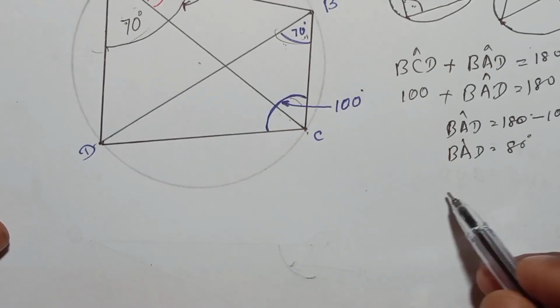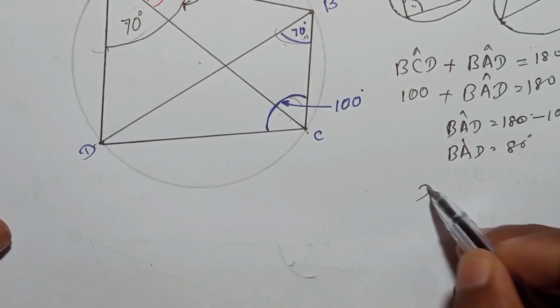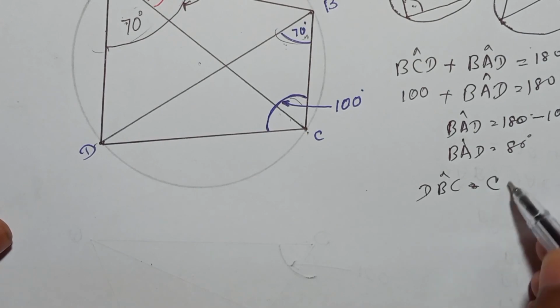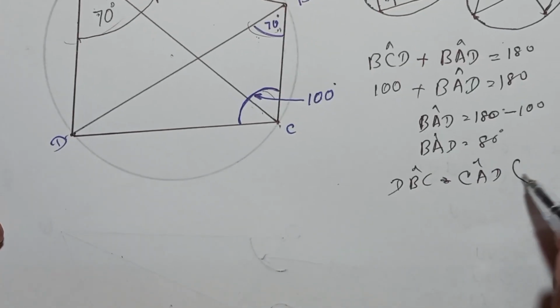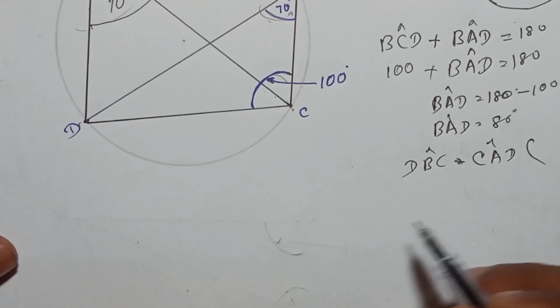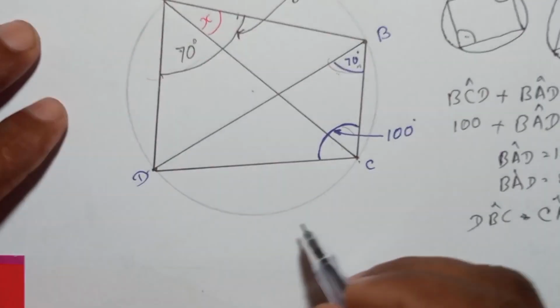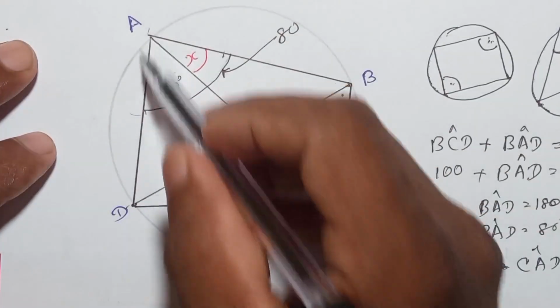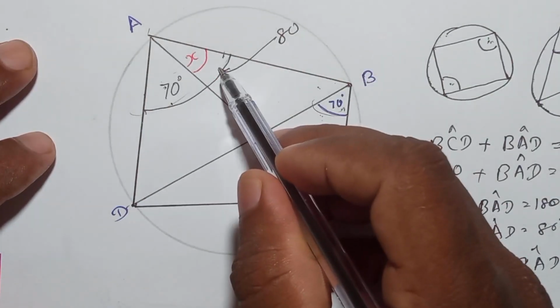Then, if you need to write the reason, you can write DBC equal to CAD. The reason: same segment angle. That means this is 70. Then, this BAD, this angle plus this angle: BAC, this small angle, which is x, and CAD, this angle.